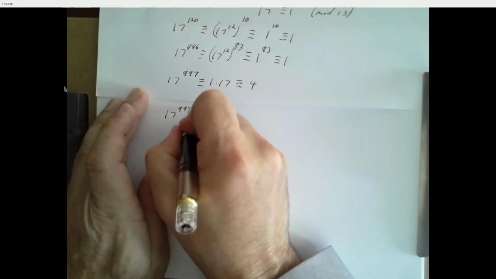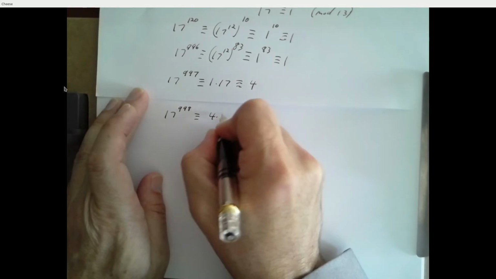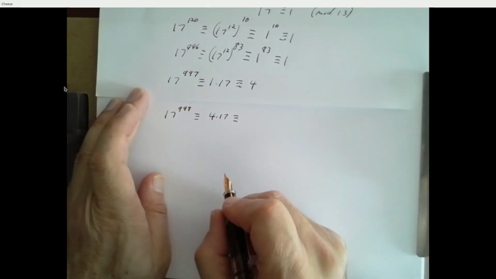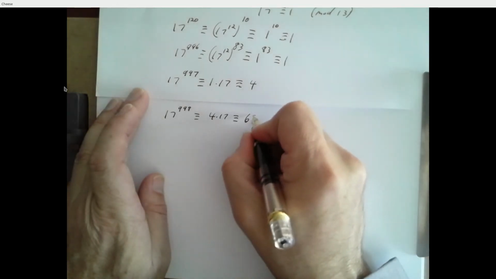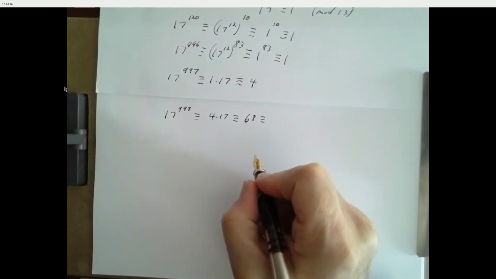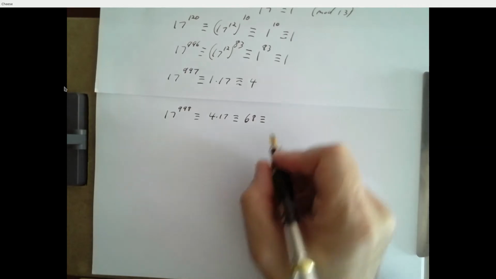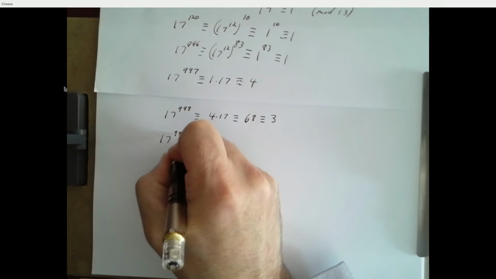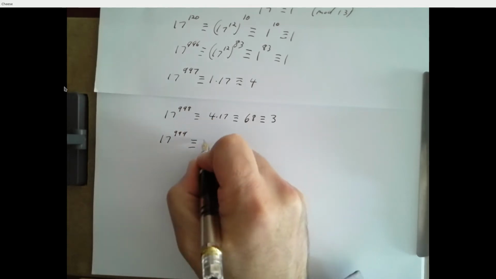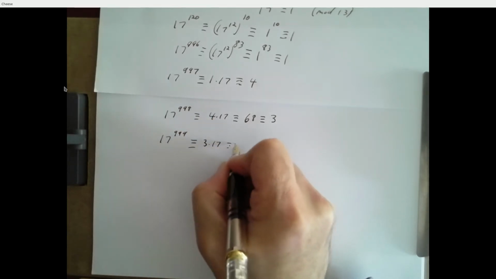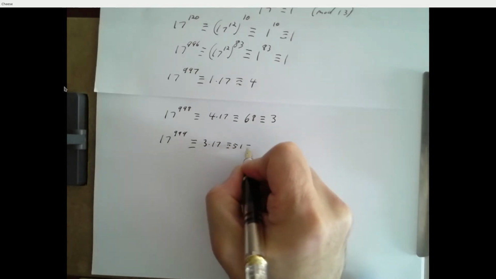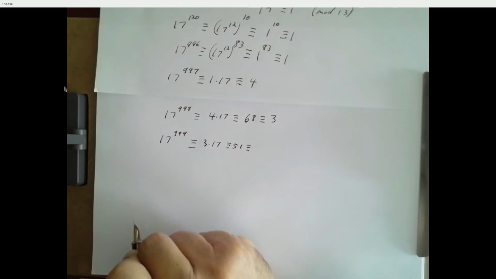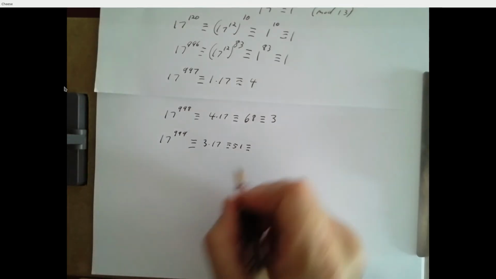17 to the 998 will be 4 times 17, which is going to be 68, which is going to be 3 more than 65. So this is congruent to 3. 17 to the 999 will be 3 times 17, which is 51, which is going to be 12, because 13 times 4 is 52.